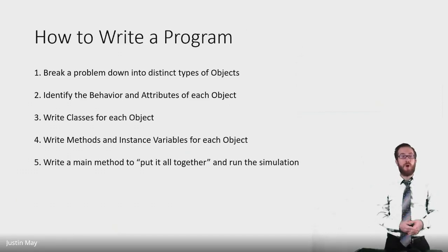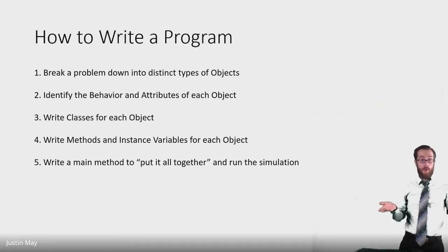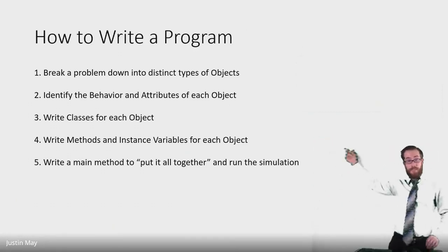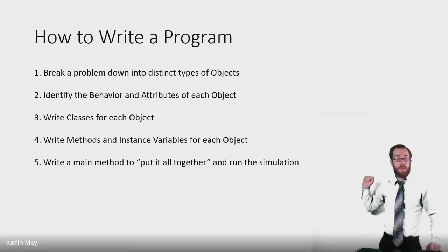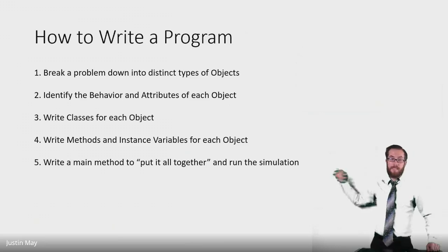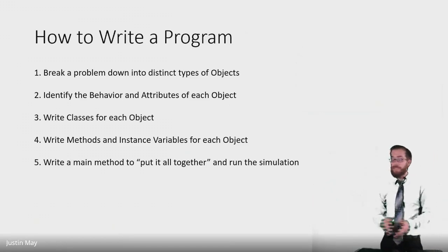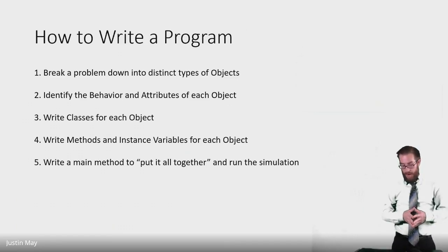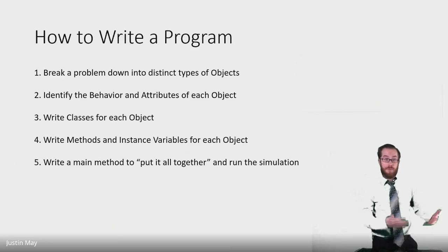What do they do? What are their behaviors and attributes? What can they do? What do they know? And then for each one of these objects that you think about, you have to write a class for that object. You have to write the methods for those objects, and you have to write the instance variables for them. And then you write a main method that puts everything together, that actually creates instances of the objects and calls the methods and makes them actually do things.